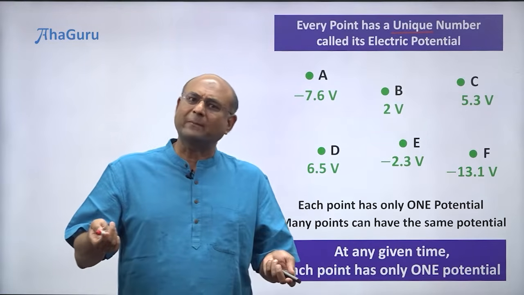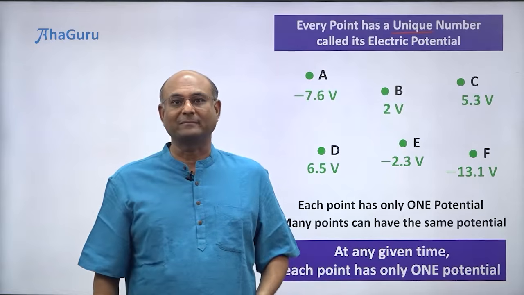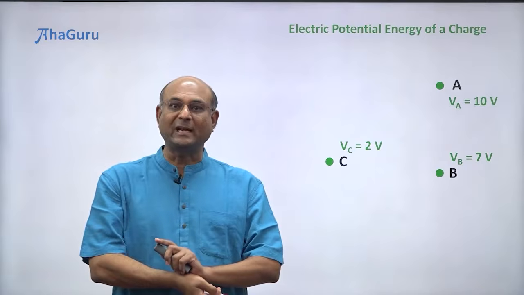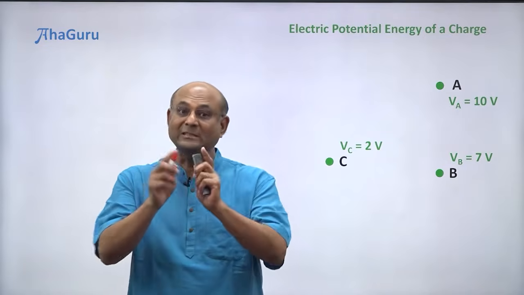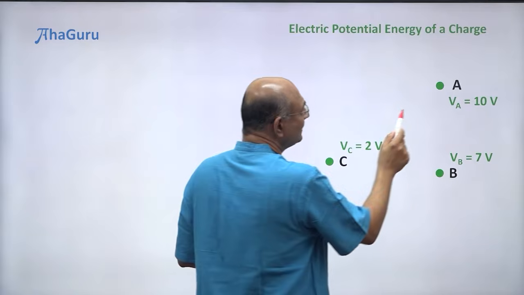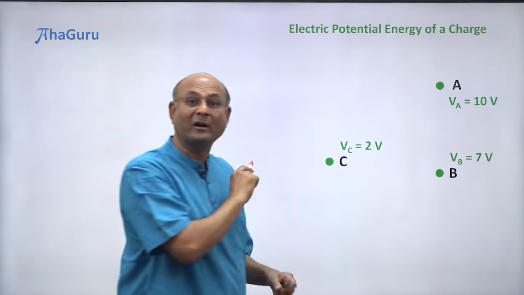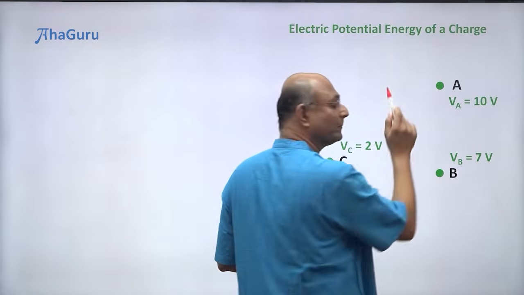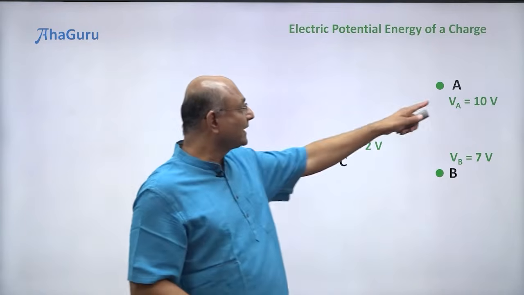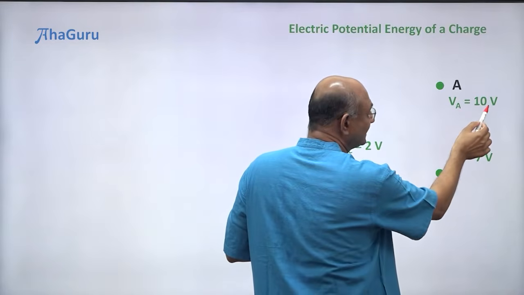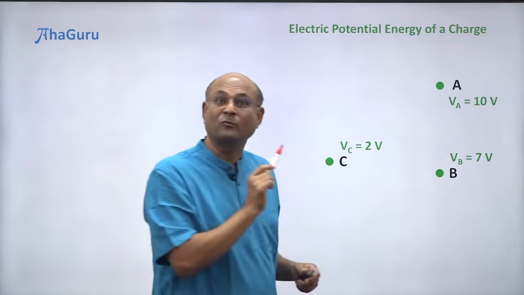What exactly is electric potential? Let's understand that. Electric potential is what gives potential energy to a charge. Before we look at that, the symbol that we use for electric potential is V. Now you know that V stands for volts. So when I say 10 volts, that V there basically stands for volts.